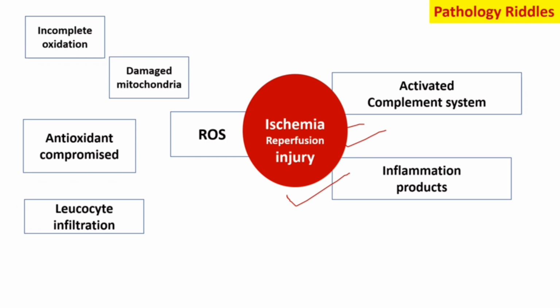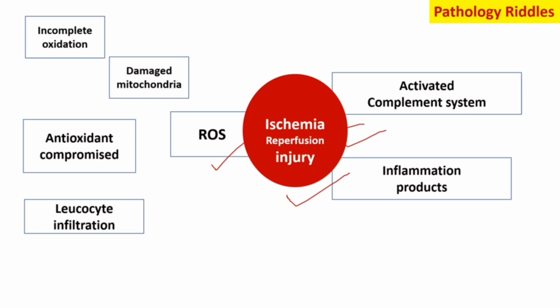Now, what are the mechanisms that cause damage when there is reperfusion after ischemia? One is production of reactive oxygen species. So what are the mechanisms of production of reactive oxygen species? As we know, some kind of damage has happened.